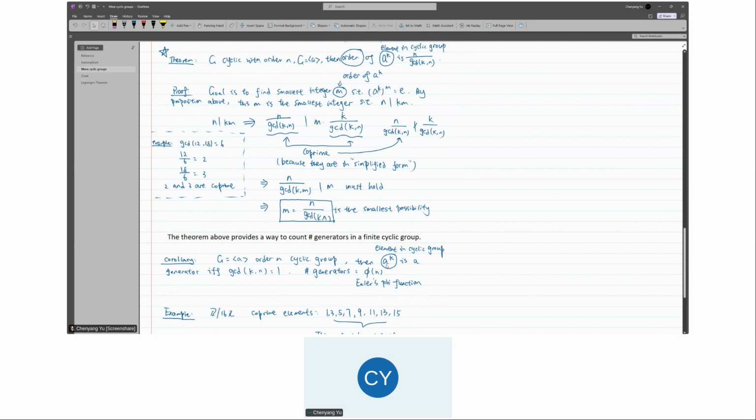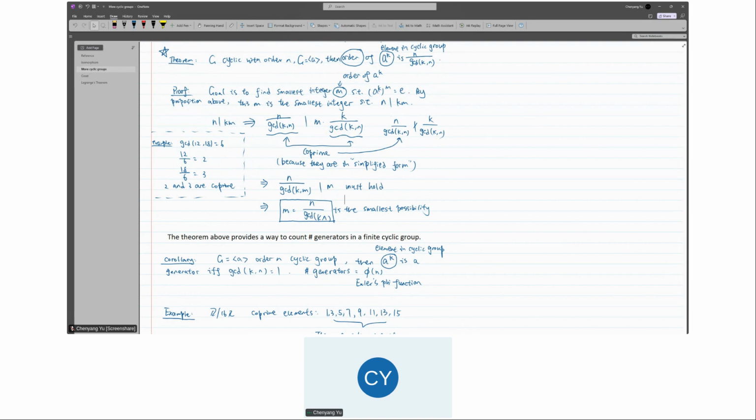Then a^k is an element in the cyclic group because everything is some power of the generator, like a clock. a^k is a generator if and only if GCD of k and n equals 1.